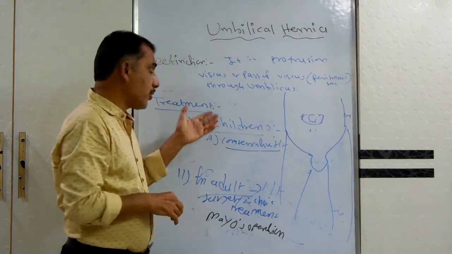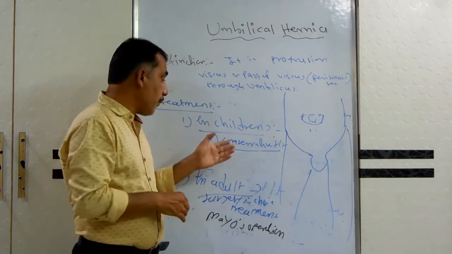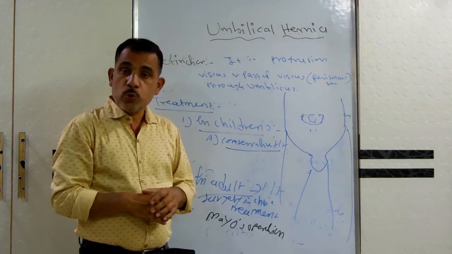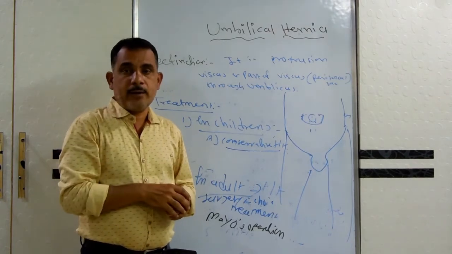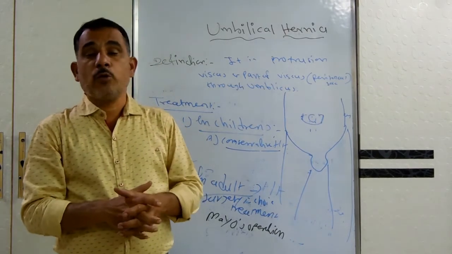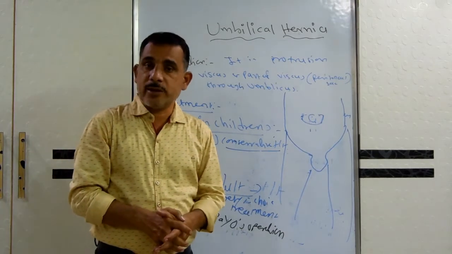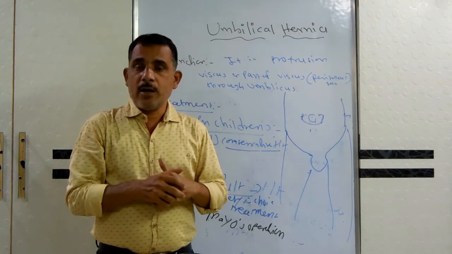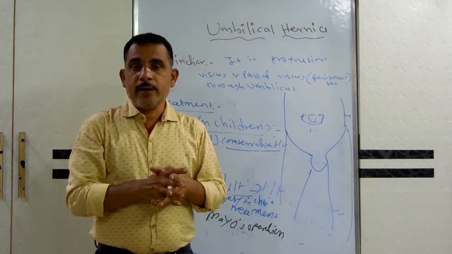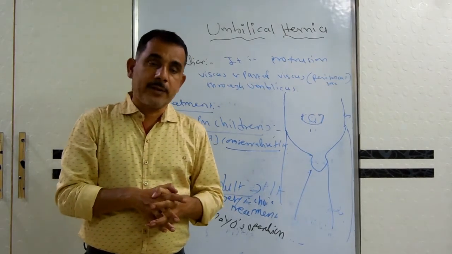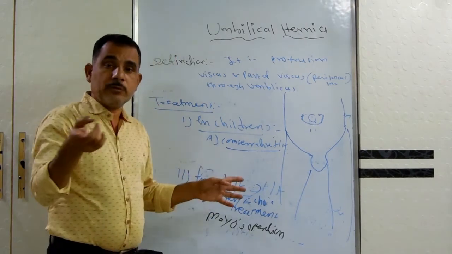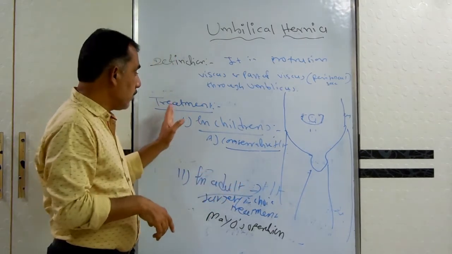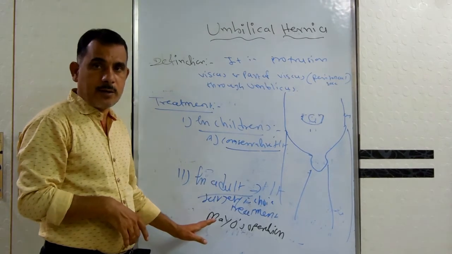Even in the case of children, in true umbilical hernia, you can use homeopathic medicines. The homeopathic medicines have very good results. There are various medicines, and they should be chosen on the basis of the hernia, how big the sac is, or what type of hernia it is. So homeopathic medicine can be used in hernia in both children and adults.